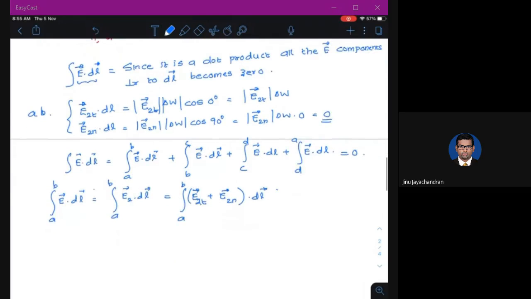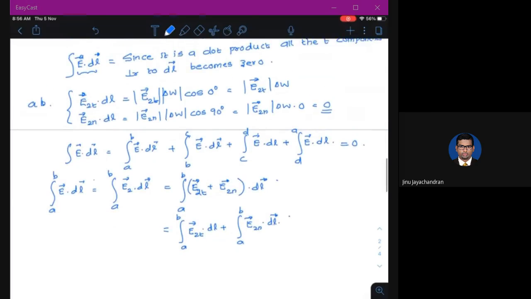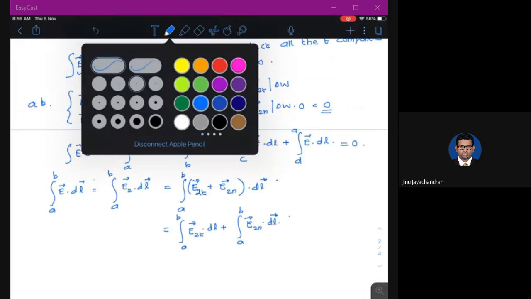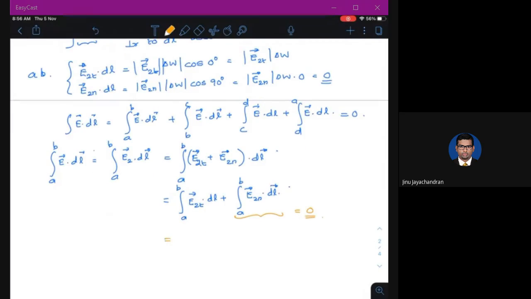So this I can expand as integral A to B E2t dot dl plus integral A to B E2n dot dl. Now we have seen that E2n dot dl is 0 along A to B, and this is equal to the magnitude of E2t into delta w, right?